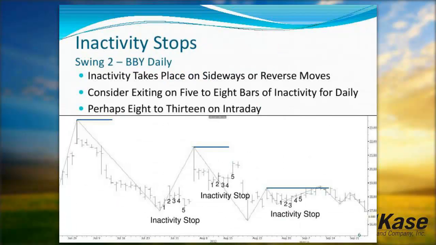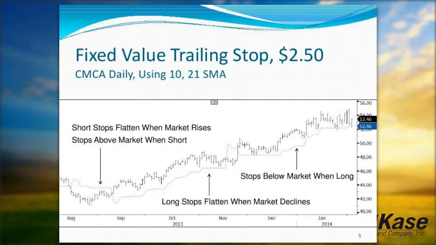The challenge with a fixed price stop is you have to know how much you're willing to risk, and that risk amount has to correlate with the risk in the market and the time frame or bar length that you're trading. In this chart, we used $2.50. You can see that that stop held or was barely hit in a couple of places as the market was rising. But if I was using a $1 stop, it would have been a much different picture.